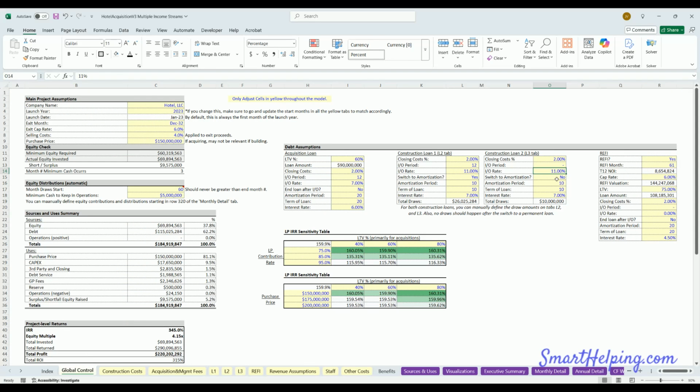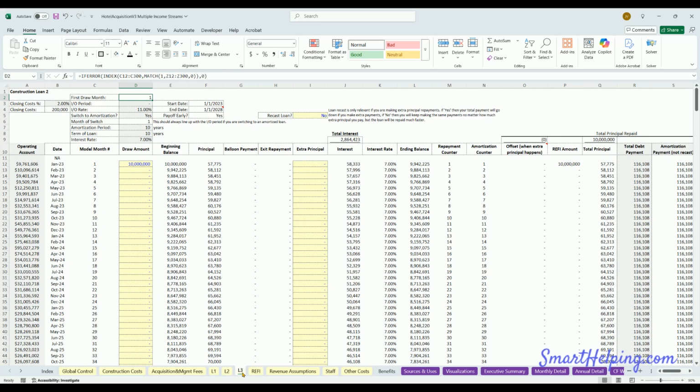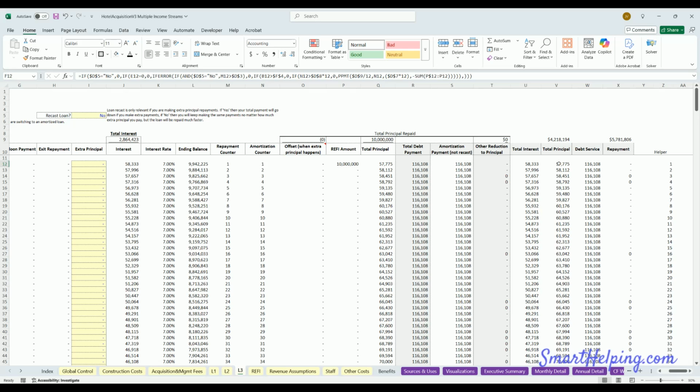Let's mark switch to amortization as a yes. And now you can see in L3 we've got principal and interest coming out, and it's just a regular term loan.